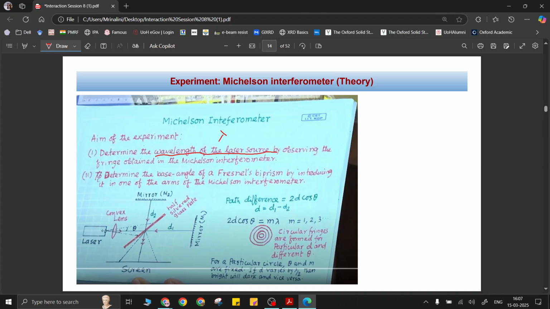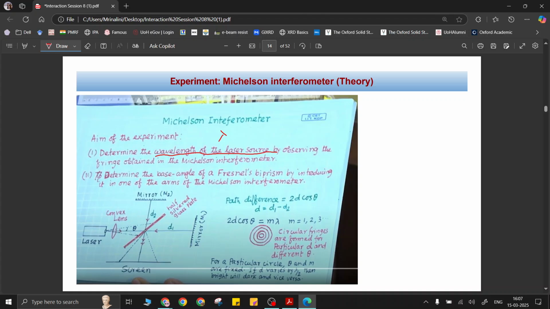So when the light comes from here, it passes through the lens and gets diverged, which means we are getting an extended source of light. When it falls here, some of it will go to mirror M2, and some of it will go straight to mirror M1, passing through the plate. The one which is going here will reflect back from here, because the mirror is completely polished, so it all will reflect back, and then from here it will come down.